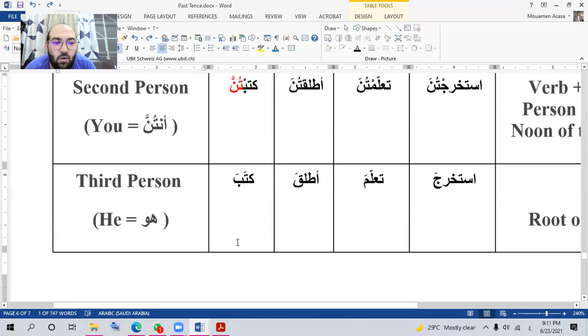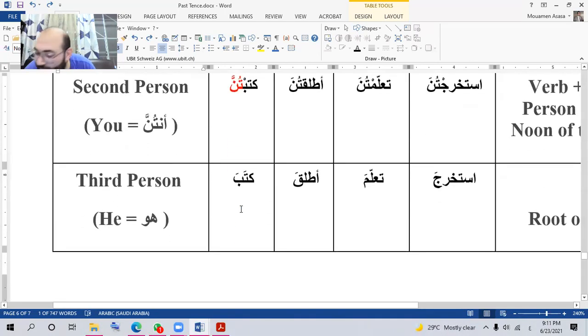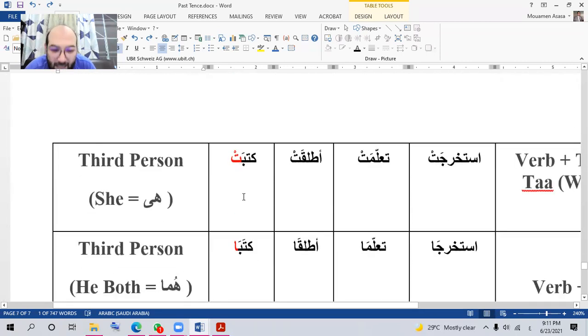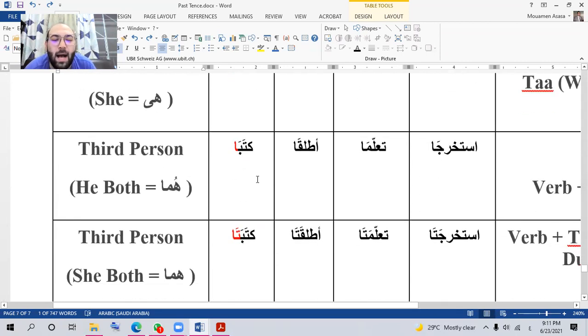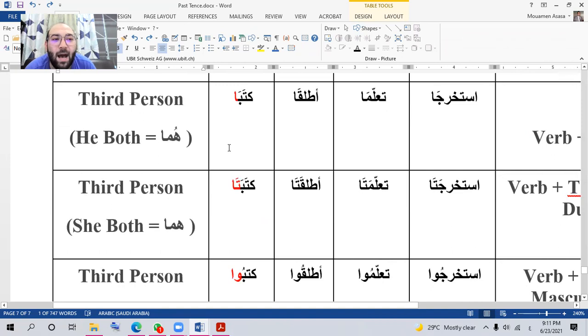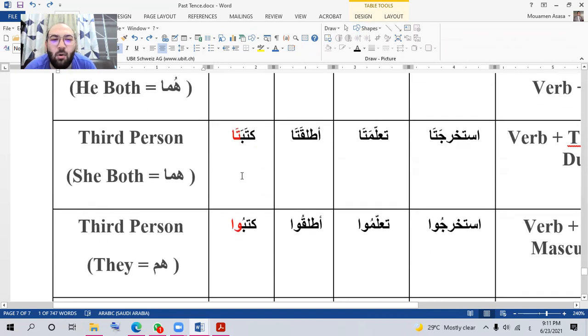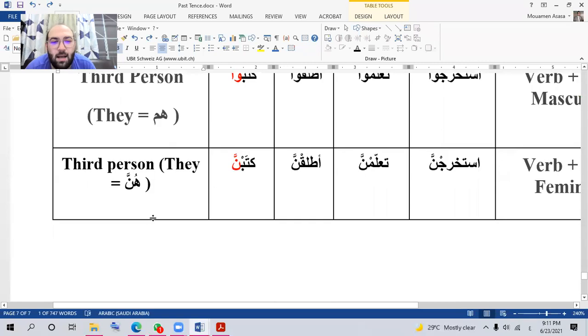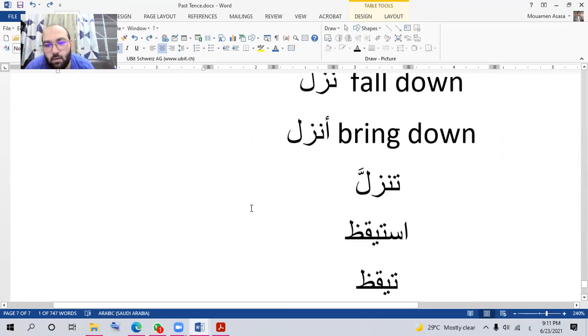Okay, continue. هو ذهب. هي ذهبت. هما ذهبا, with alif. هما, female, ذهبتا. And then هم ذهبوا. هن ذهبنا. MashaAllah. Barakallahu feekum. Asanti.